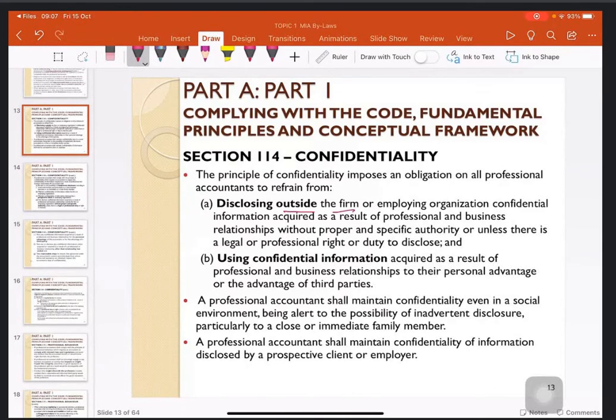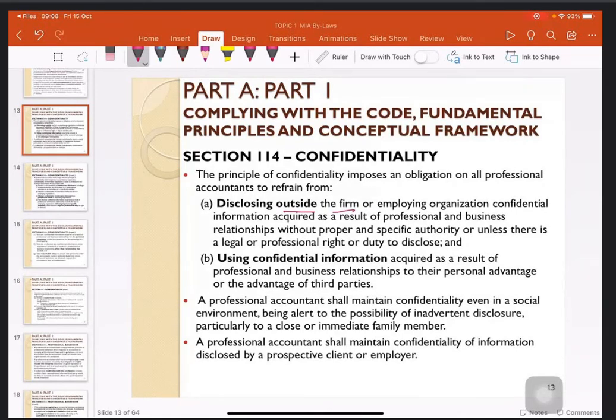Basically all the information should be treated as confidential and you cannot disclose it to outsiders. Not only to outsiders, but even within your audit firm you cannot disclose it, because it is confidential. You should only use it within your audit team.